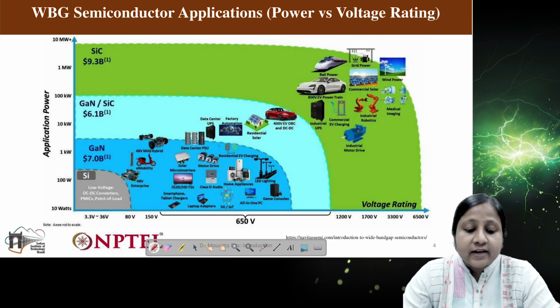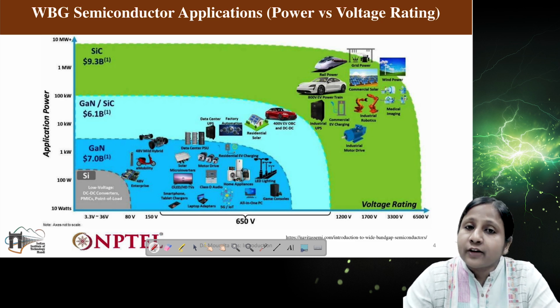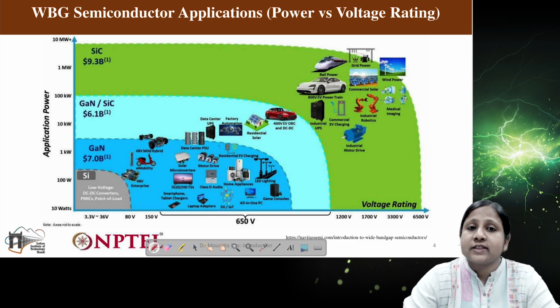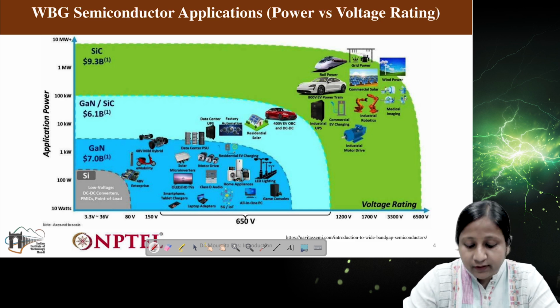These are some applications where wide bandgap devices can be used, and it is projected that in future most power electronics applications will be replaced by wide bandgap semiconductors rather than silicon devices.